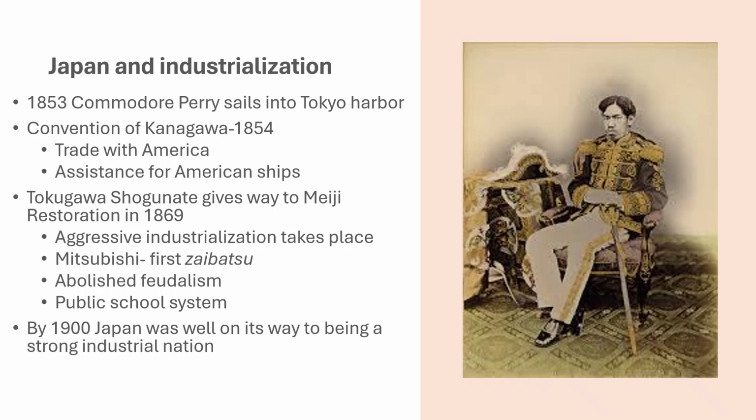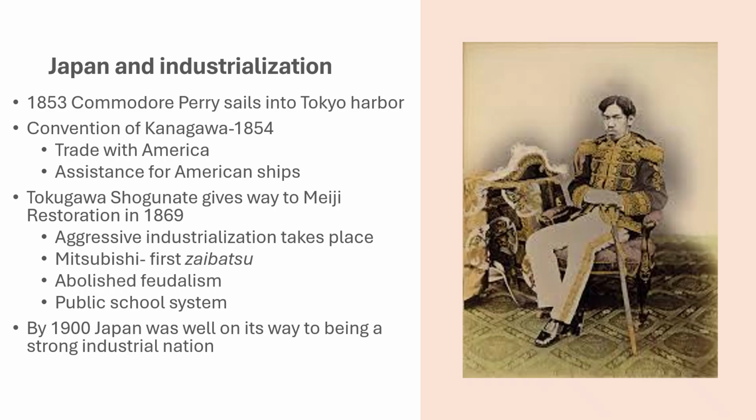And essentially, the Japanese are forced to agree to trade with the United States and also to give assistance to any American ships that might need help or might be in distress in the Western Pacific.